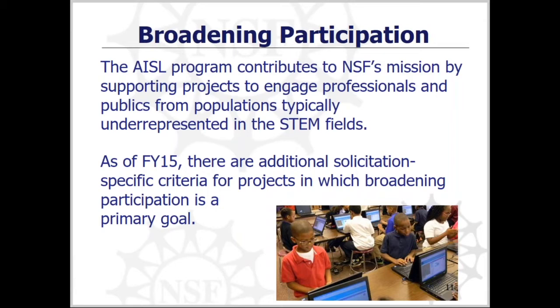Now keep in mind that these criteria are for those projects where broadening participation is a primary goal. So you will want to be explicit in how you respond to these criteria and make sure that you do, if broadening participation is a primary goal or broadening participation research.